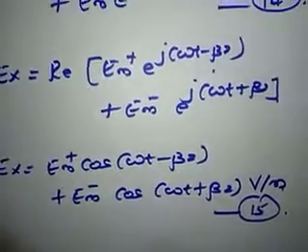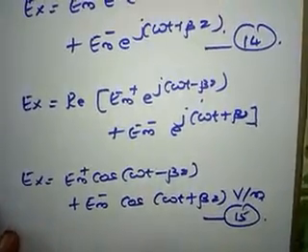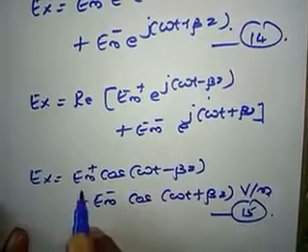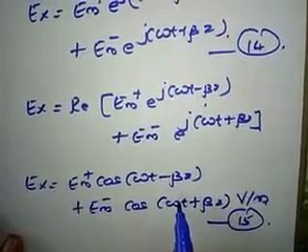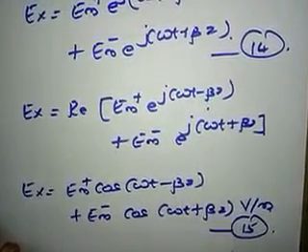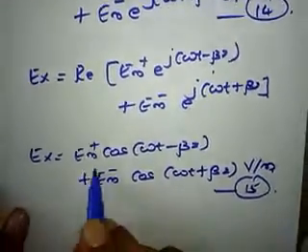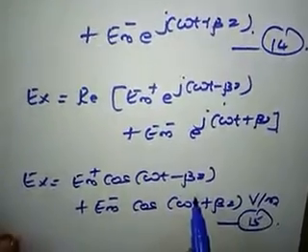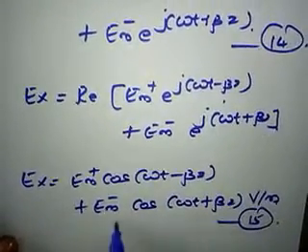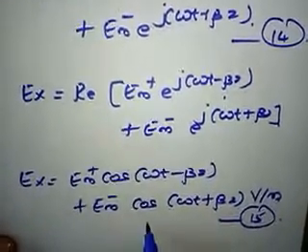This equation indicates that there are two components of the electric field: one in the positive direction, the forward direction, and another in the backward direction. One component of the field is in the positive z direction, that is Em plus, and another component is in the negative z direction, that is Em minus.